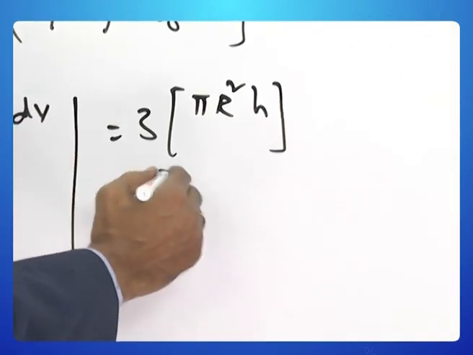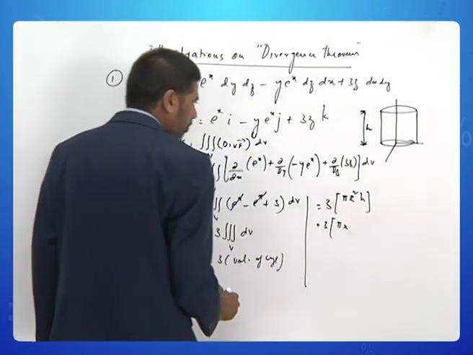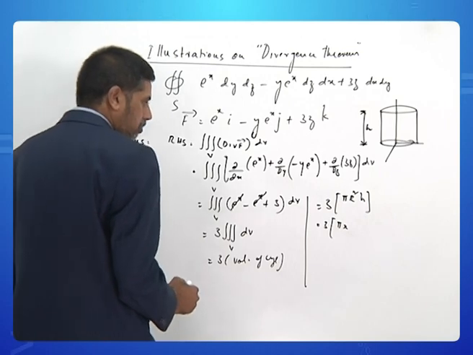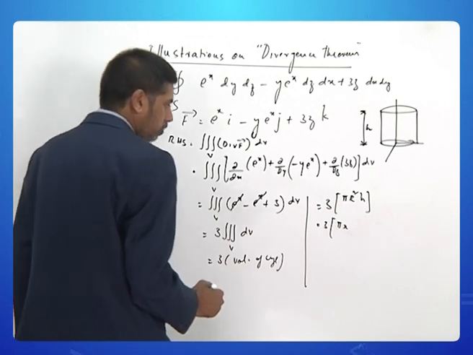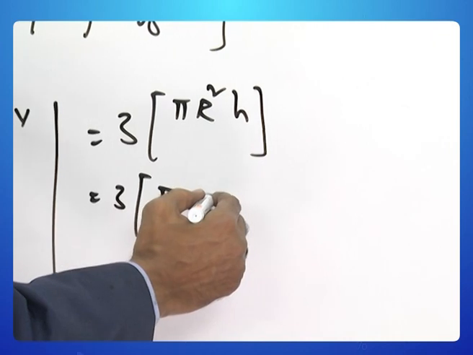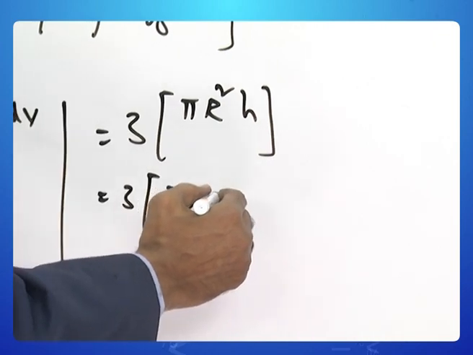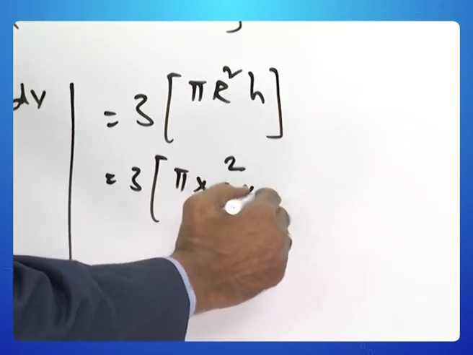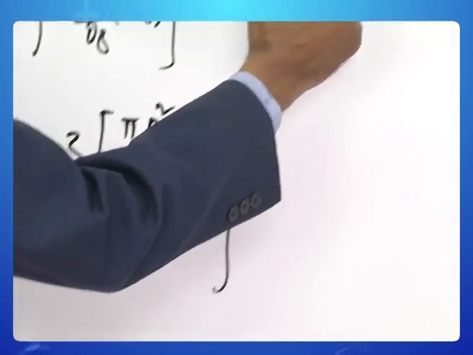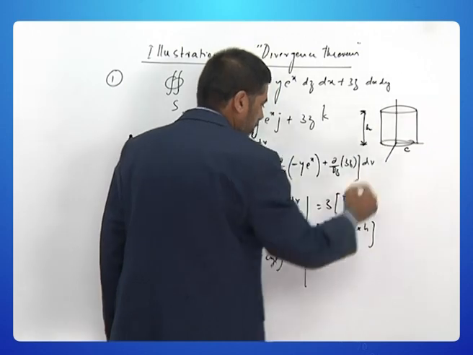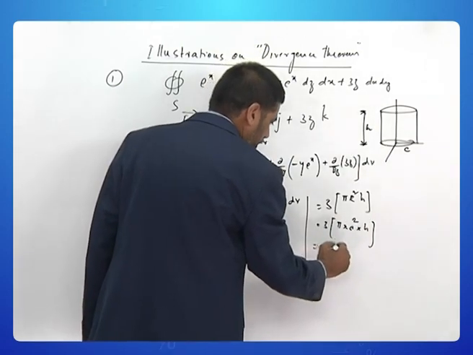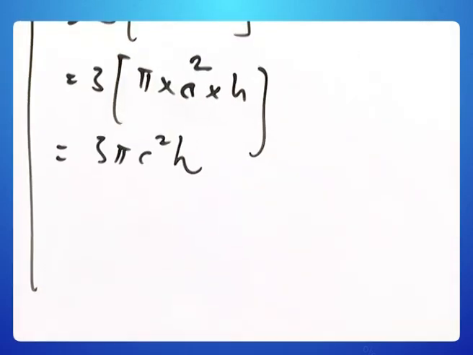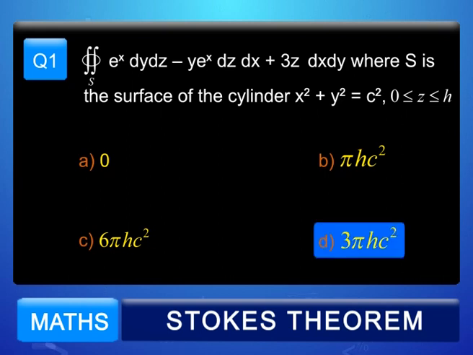This will be 3 times pi, the radius of the circle that is given, because this radius is c units and the height is h. So 3 pi c squared h is the output of this answer, and the correct option is D.